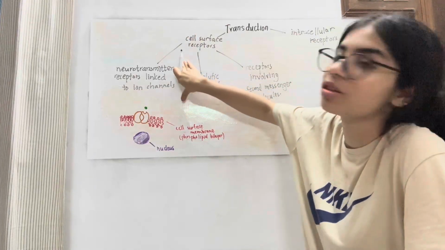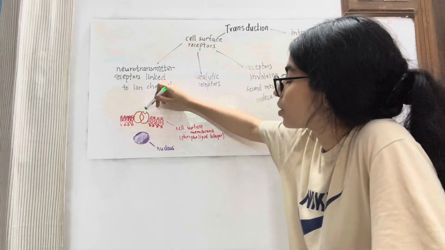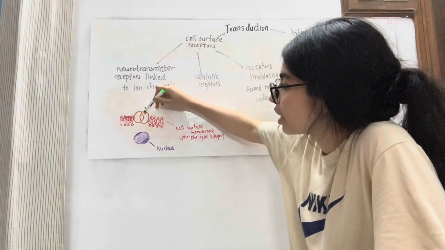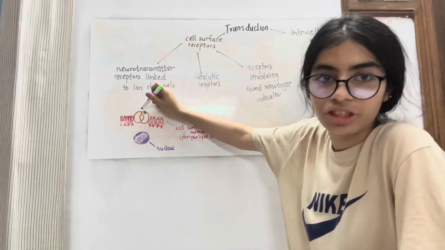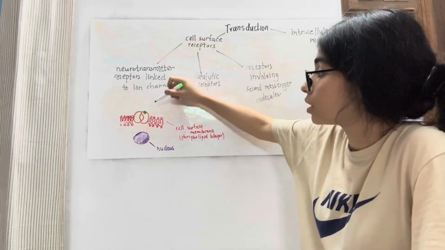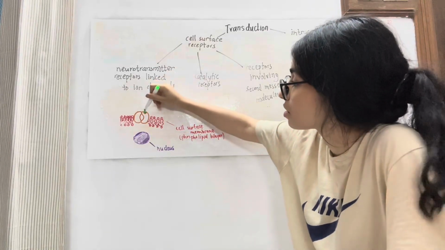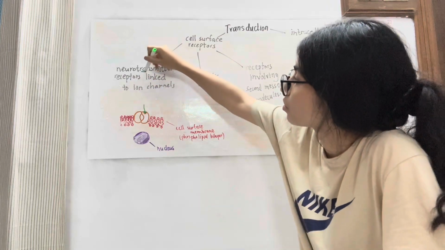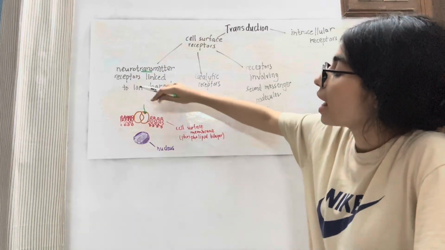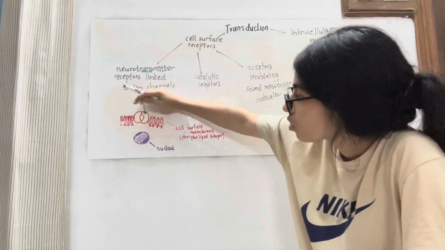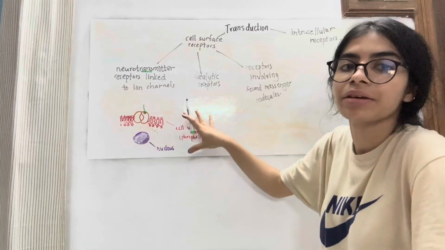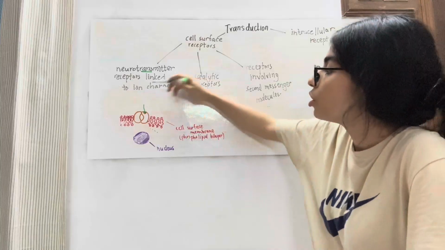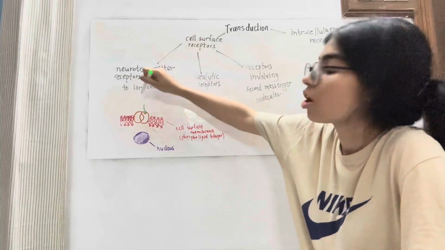Okay, we're focusing on this one right now. Neurotransmitter. It's gonna attach itself here. Okay, and this is an ion channel for now. We're gonna assume that this is an ion channel for now, and this is a neurotransmitter, like this thing, right? And then this thing opens, or something happens, okay, and then you do your thing. So you understand that this does not enter the cell.